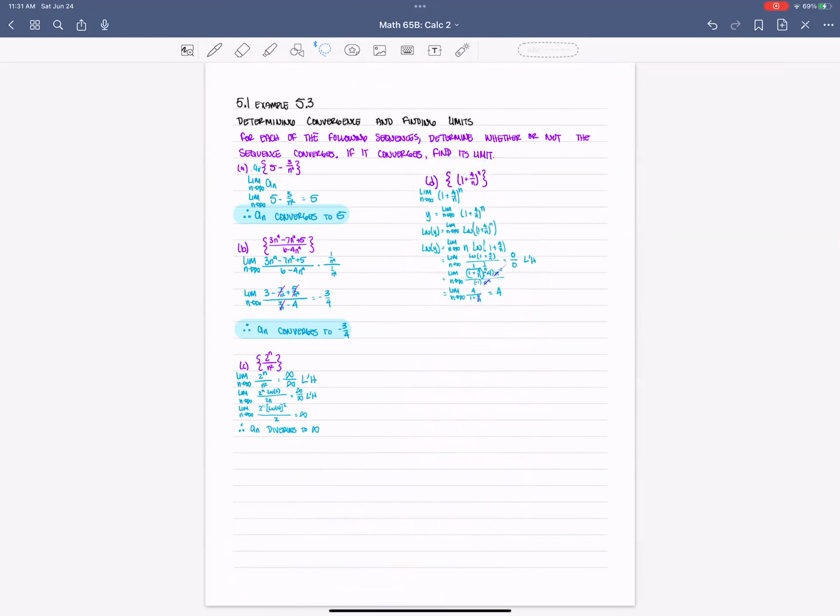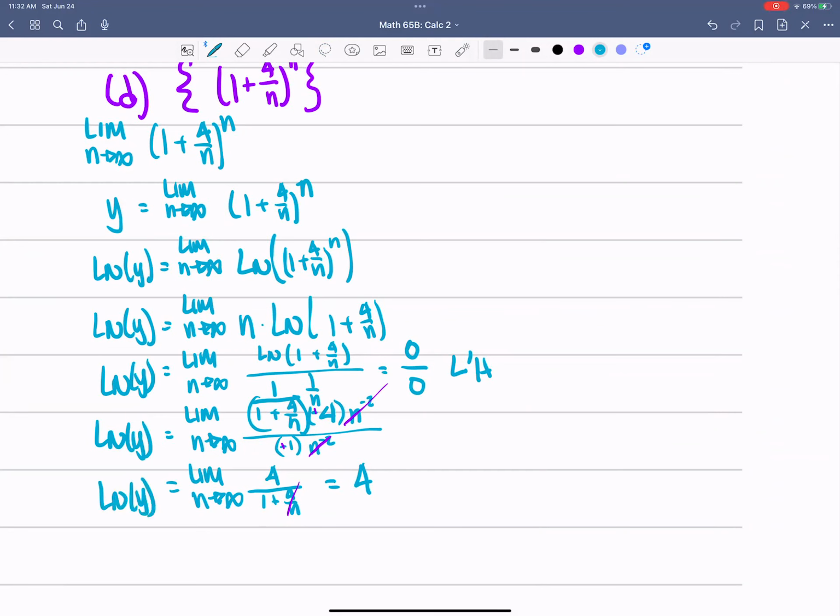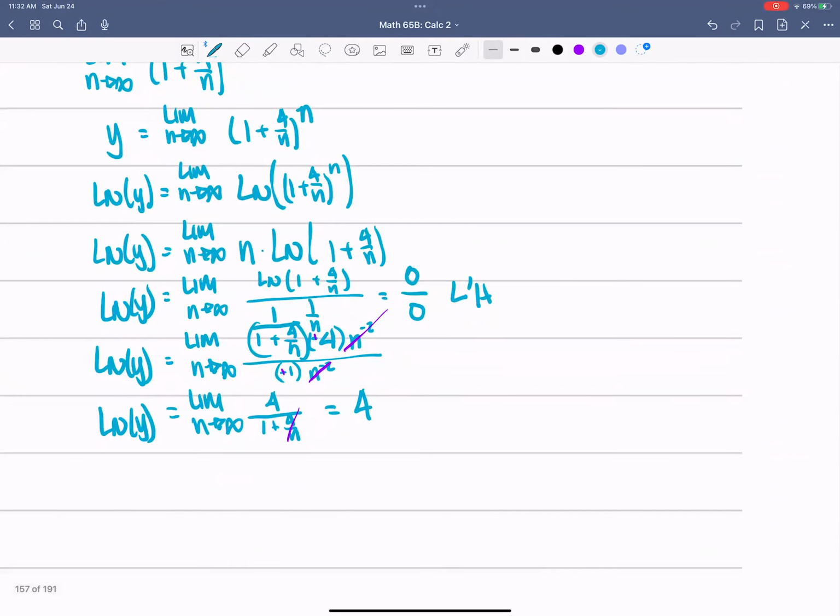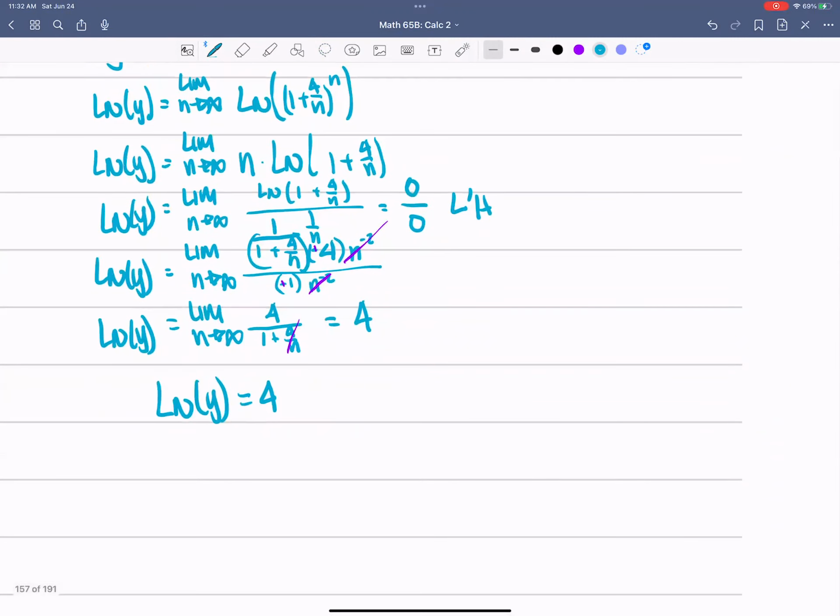But as we move all of this down, we end up with ln of y equal to 4. And from here, we could apply some logarithmic properties. All ln's are of base e.